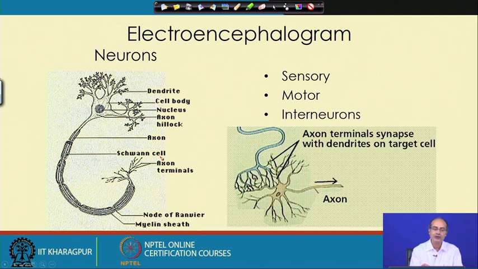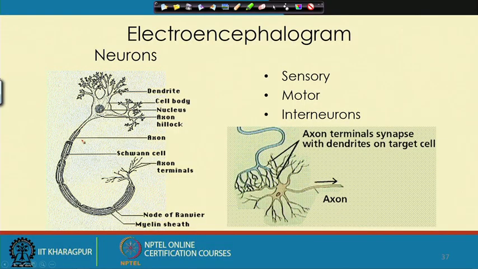There are a number of neurons whose dendrites terminate on the skin. Whenever someone touches us or we touch some object, that sensation comes to the dendrite and is passed on to the neuron, and that signal goes to the central nervous system.